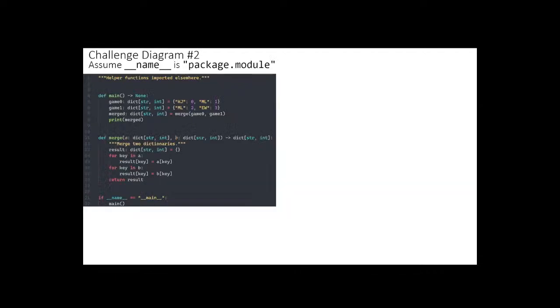I'll set up this name variable for you, and then you can take it from there. So what we're saying is on the stack, there's a globals frame, and the name variable is assigned the string package.module. All right?